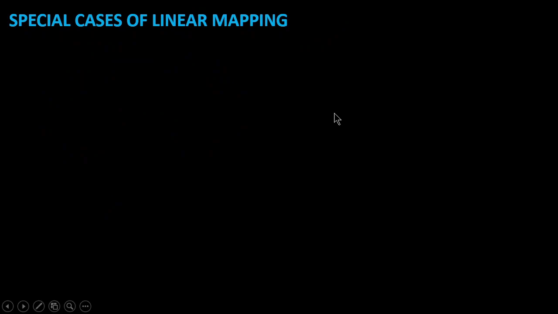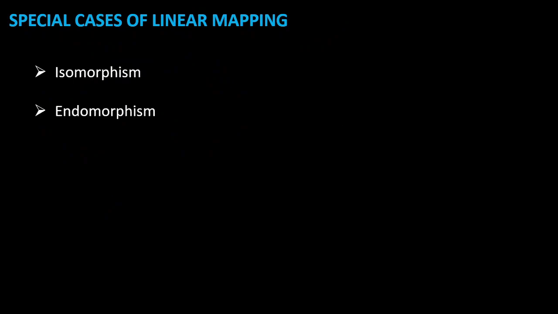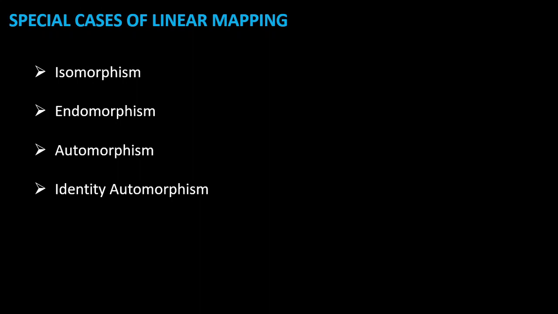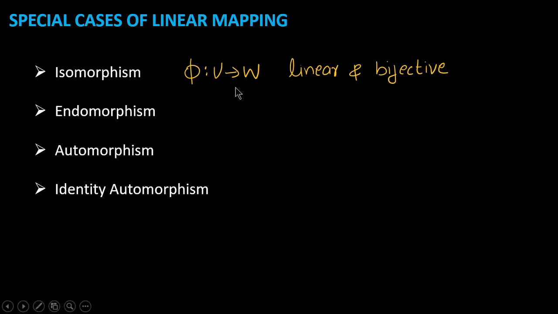Okay, then special cases of linear mapping: isomorphism, endomorphism, automorphism. These are the three cases there. Then there is an identity automorphism that exists. Isomorphism is between different vector spaces, and if the mapping is linear and bijective, we call it an isomorphic mapping.